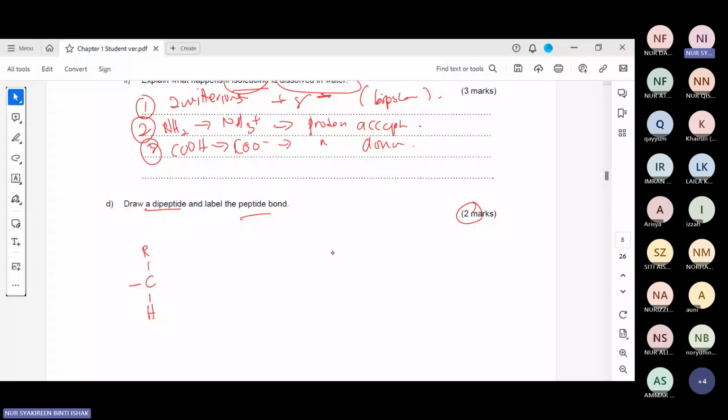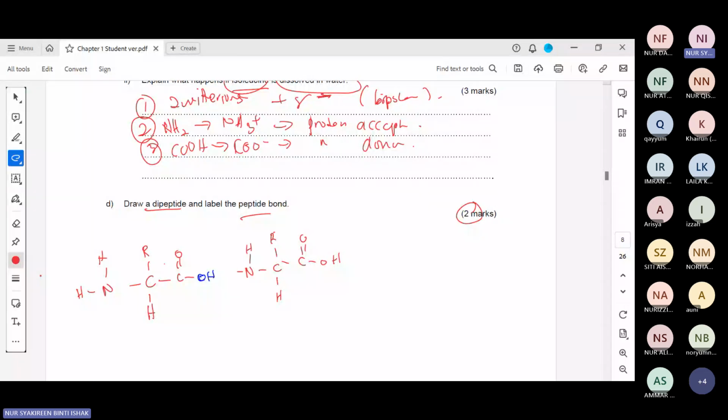Then another amino acid next to it. You draw the same thing: carbon and then R group and then H, carbonyl group and then the amino group. In order for you to attach these two amino acids together, a water molecule will be removed.